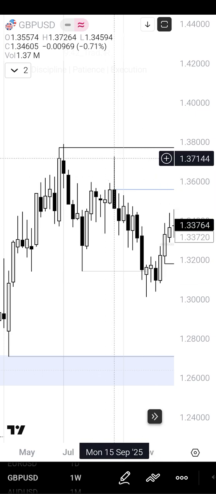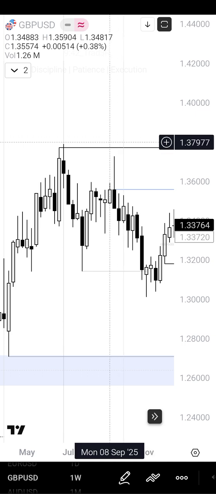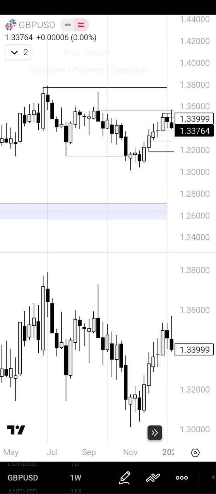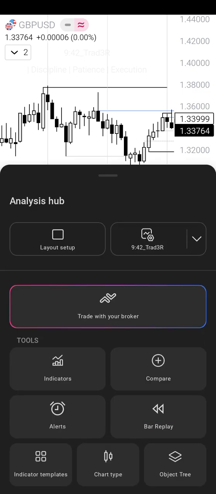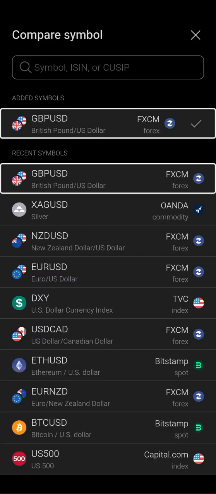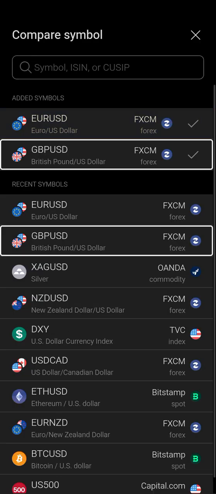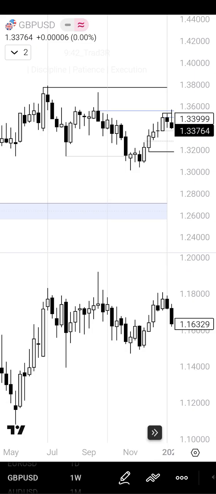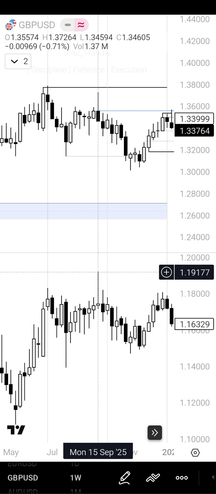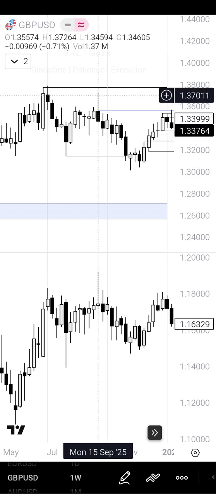And also up here we had SMT with EURUSD. If I pull that out and show you guys EURUSD, take the GBPUSD out, you can see on EURUSD price took out the old high, but on GBPUSD we had a failure swing.